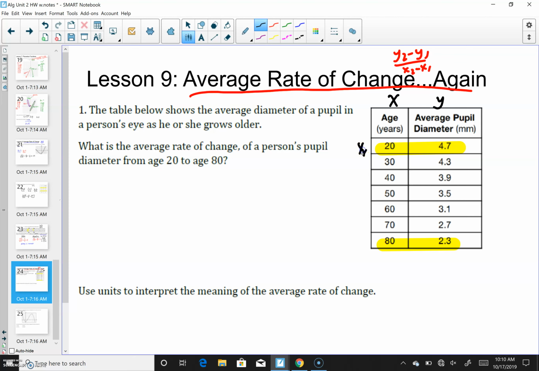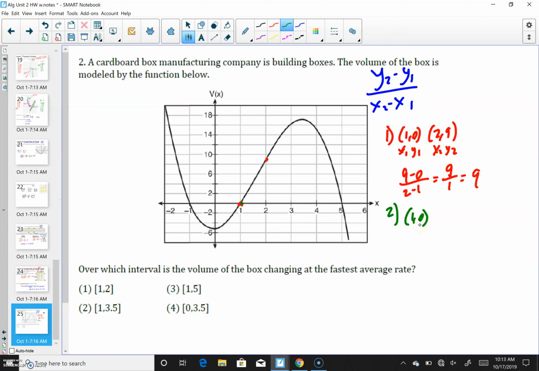Answer choice 2 says 1, which we already know is 1, 0, and 3.5. 3.5 is at what looks to be our maximum value of 17. So 17 minus 0 over 3.5 minus 1. That gives us 17 over 2.5.